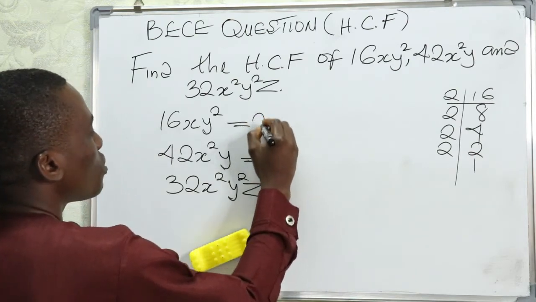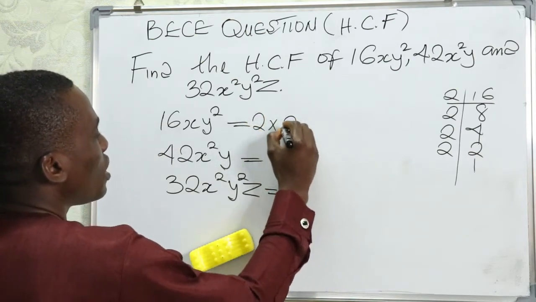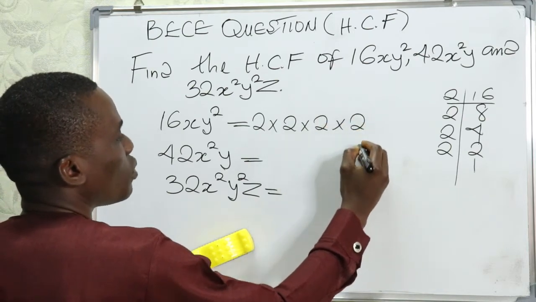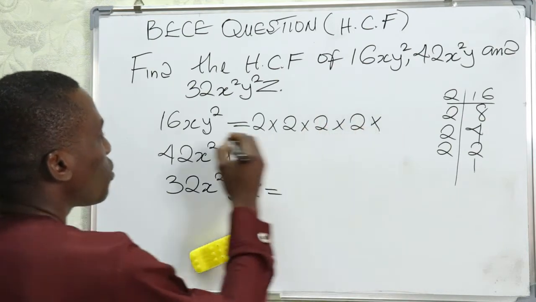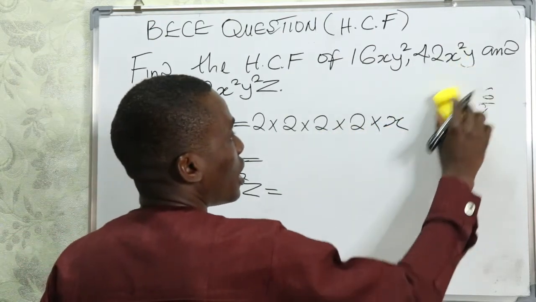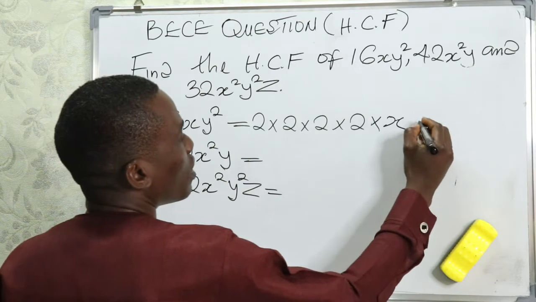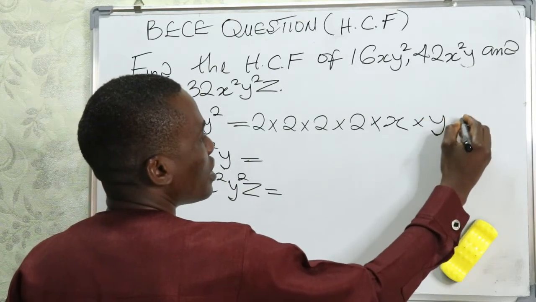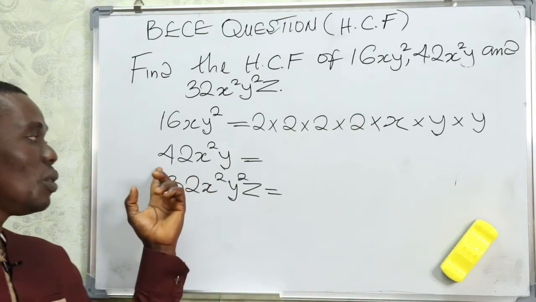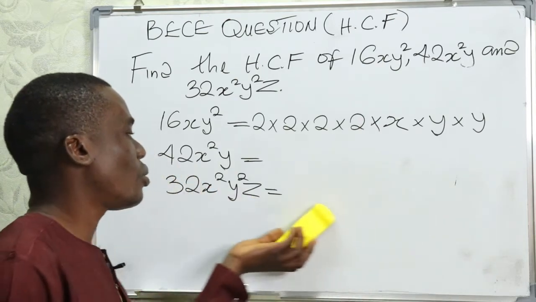So this will give us 2 times 2 times 2 times 2, times x, times y, times another y.